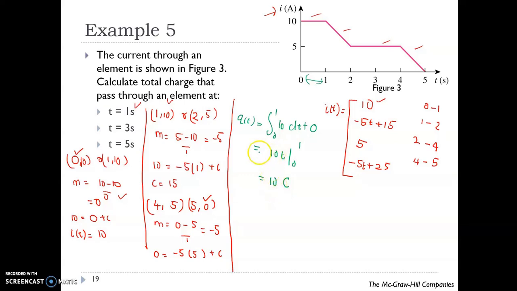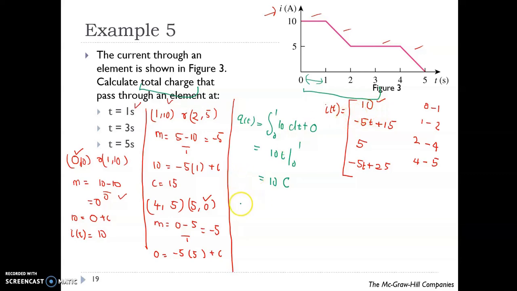Okay, let's move to t equals 3 seconds. So the total charge from 0 until 3. In this 0 until 3, how many equations or how many lines do you have? 3.